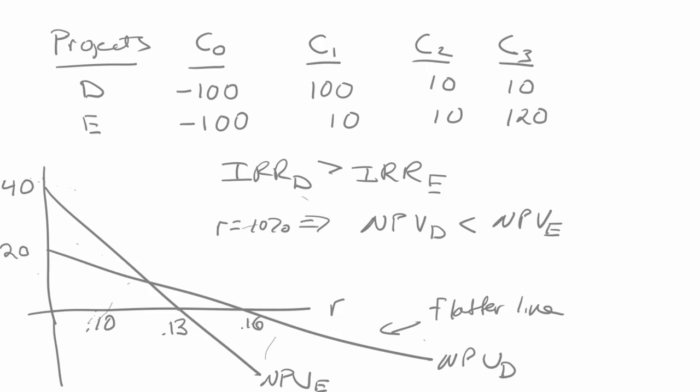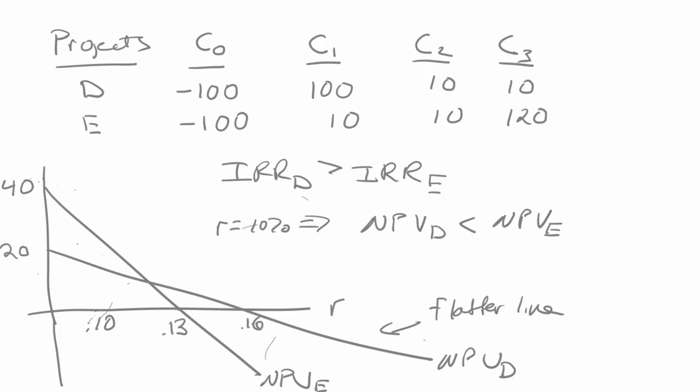So Project D would clearly be better than Project E if you could invest that wonderful $100 you got at time 1 at the rate of return of 16%, the IRR for D. But there's no reason to think you necessarily could. So that's the danger here of thinking about IRR as a measure of return for these two projects. You can't necessarily reinvest.